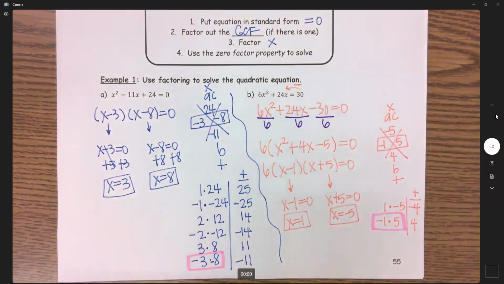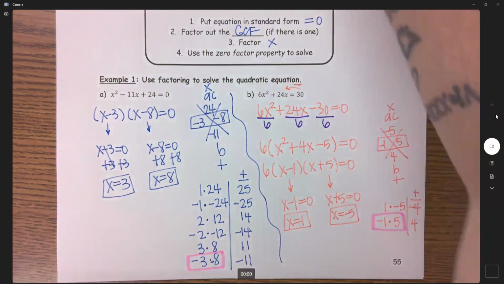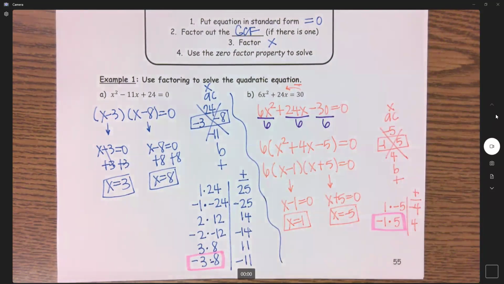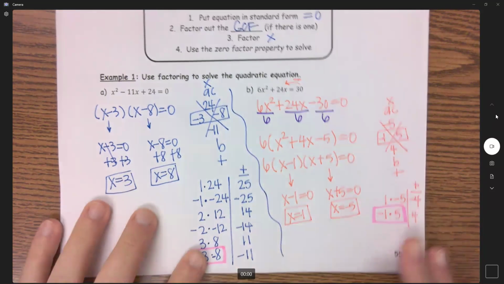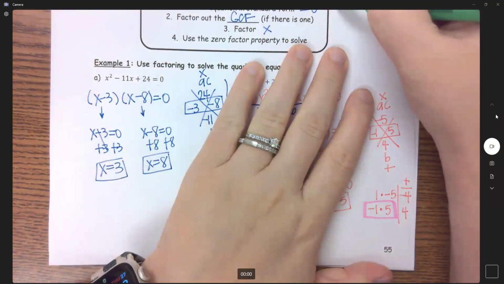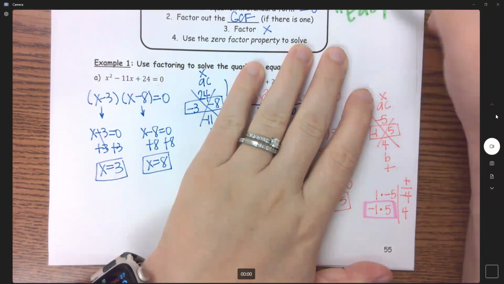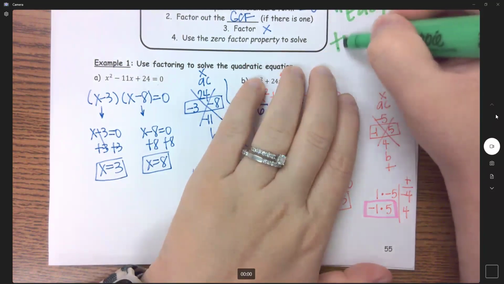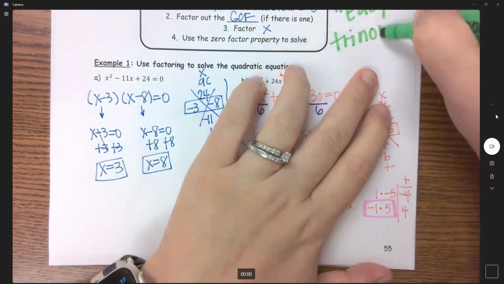Now, we do have one more example of solving quadratics by factoring, but I actually want to stop the video here because in this video, both of these trinomials are considered easy trinomials. So I'm going to put easy in quotes.